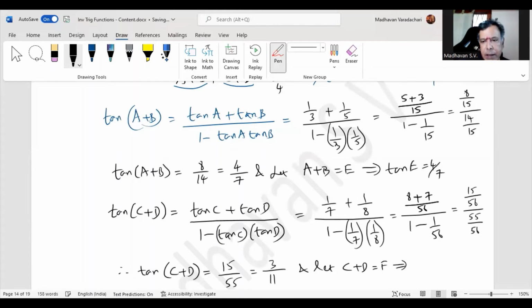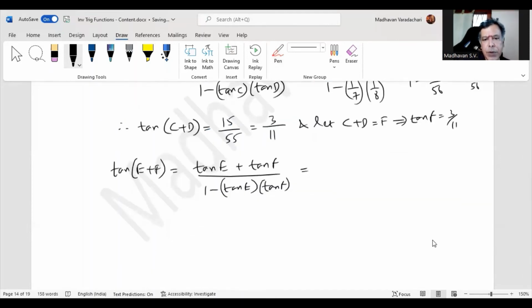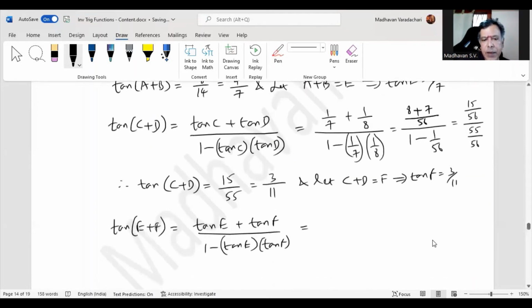And here tan F equal to 3 by 11. So now we will substitute those: 4 by 7 plus 3 by 11 divided by 1 minus of 4 by 7 times 3 by 11.